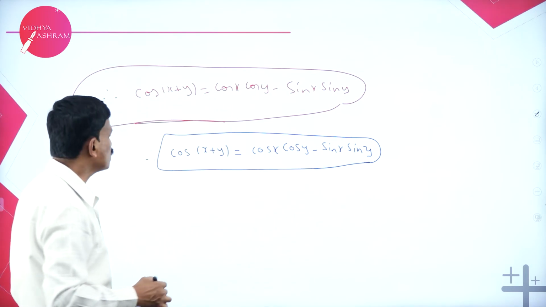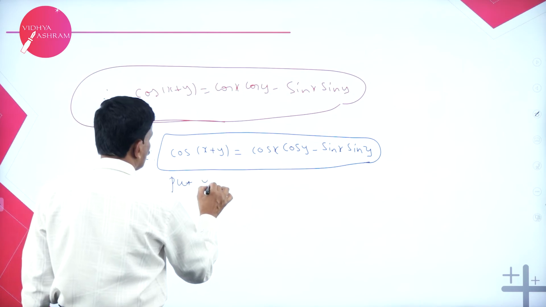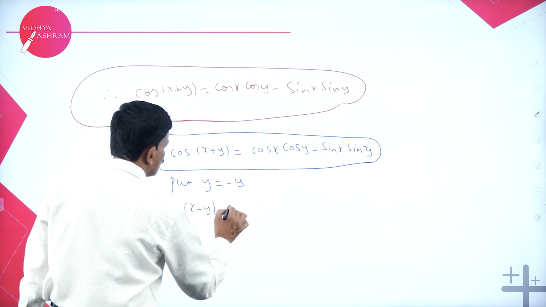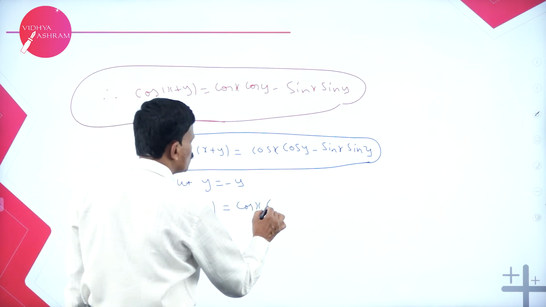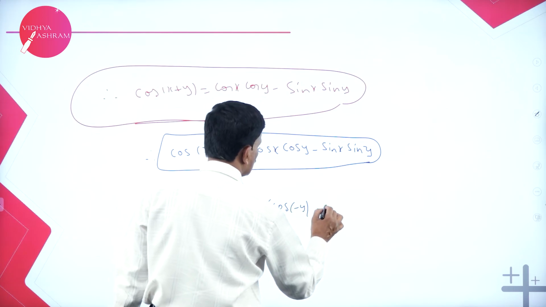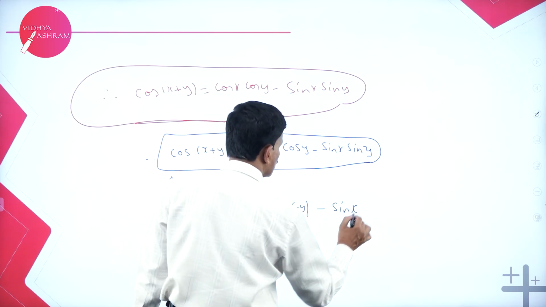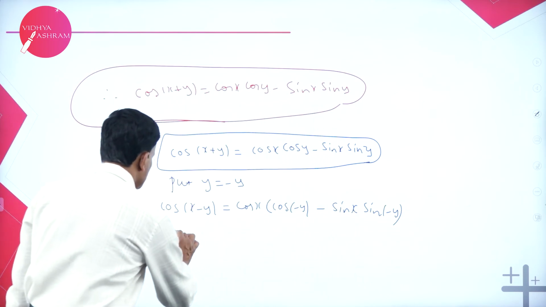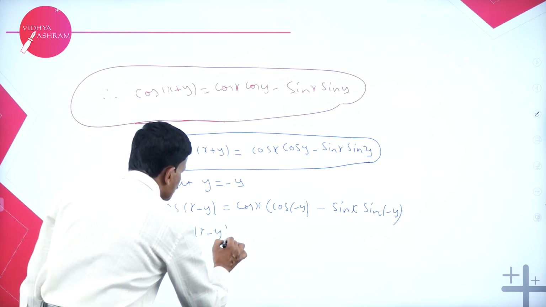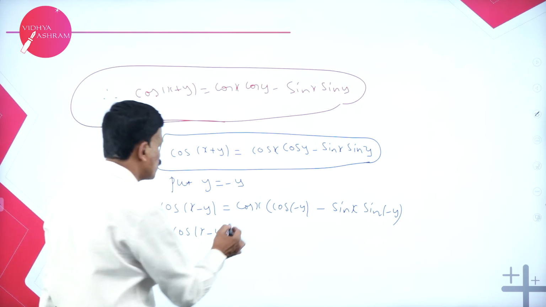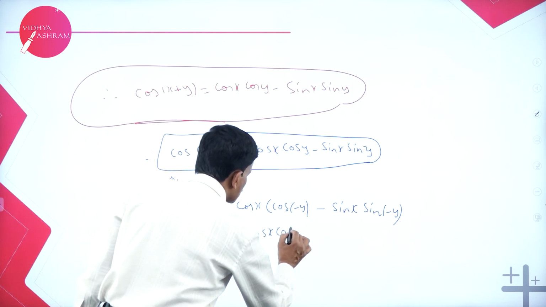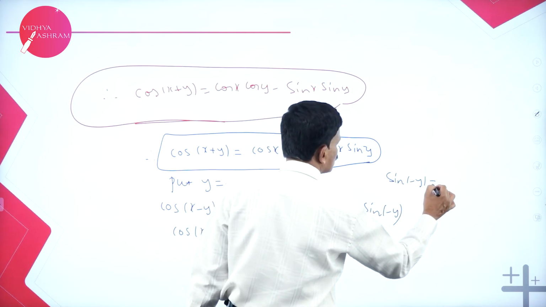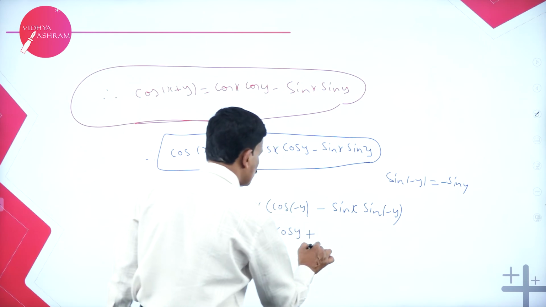Suppose y is replaced by minus y, what happens then? We get cos(x minus y) equal to cos x into cos(minus y) minus sin x into sin(minus y). Since cos(minus theta) is plus cos theta, and sin(minus y) is equal to minus sin y, the minus and minus becomes plus.